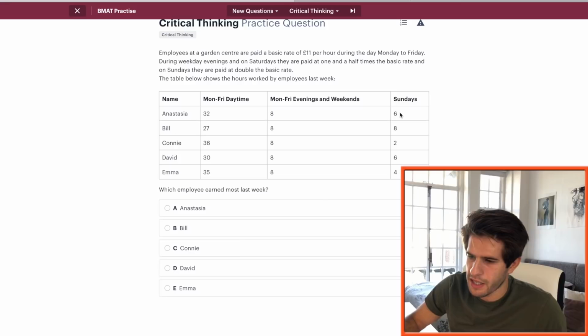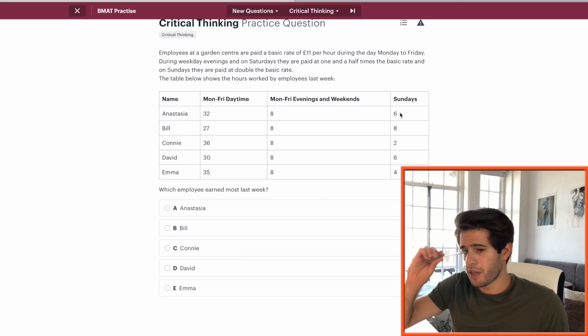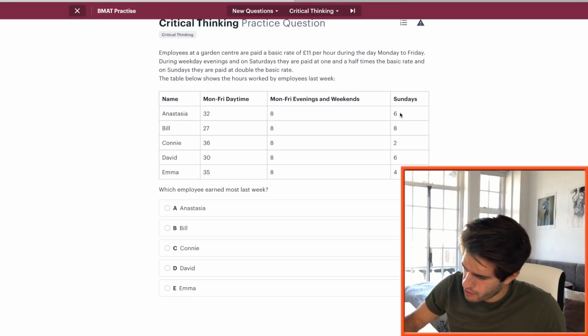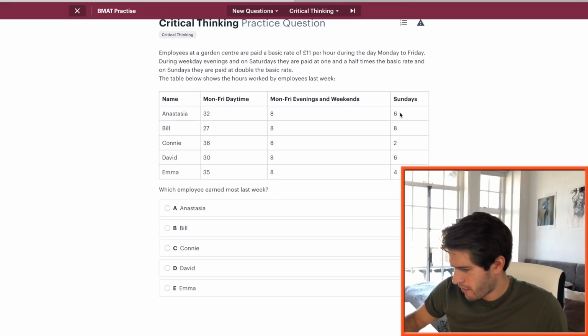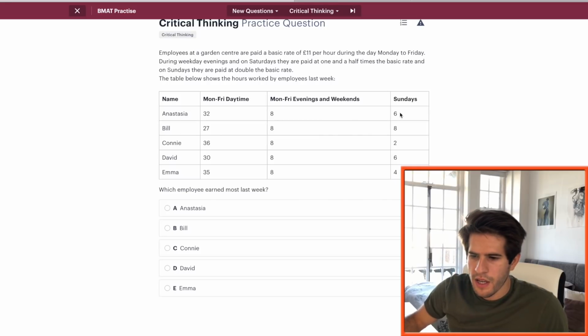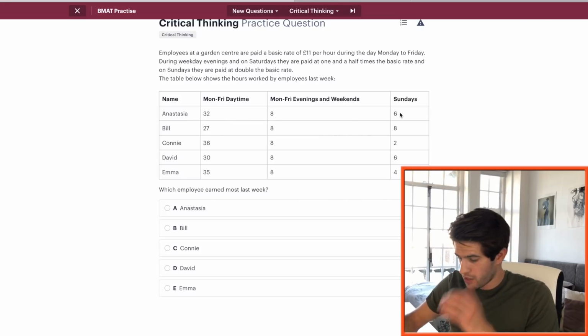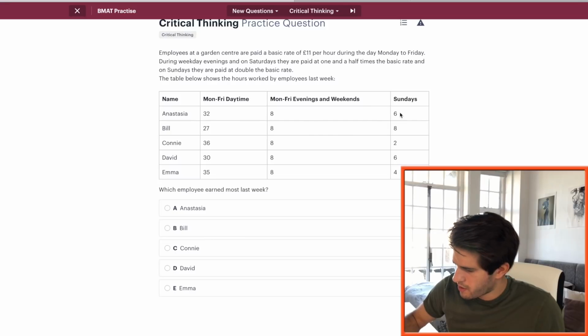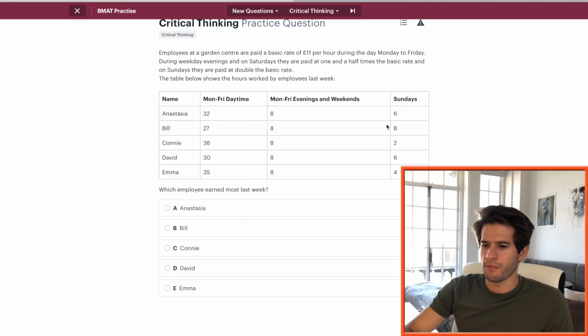So let's say she earned 99 extra from Sundays, and with Monday to Friday daytime, 32 times 11, 352. 352 plus 99 is 451. Okay, and then Bill, 27 times 11, which is 297 plus 8 Sundays, so 8 times 11, 88, times 1.5 is 132, so 297 plus 132 is 429, so Anastasia made more.